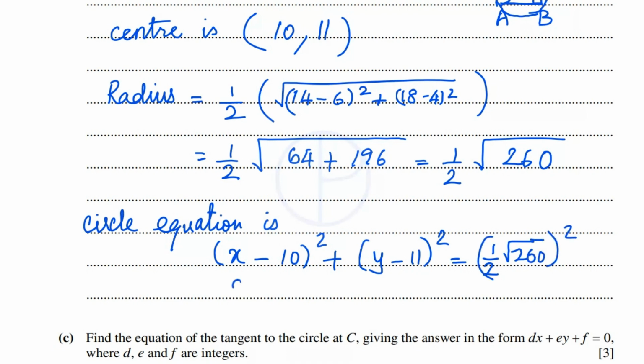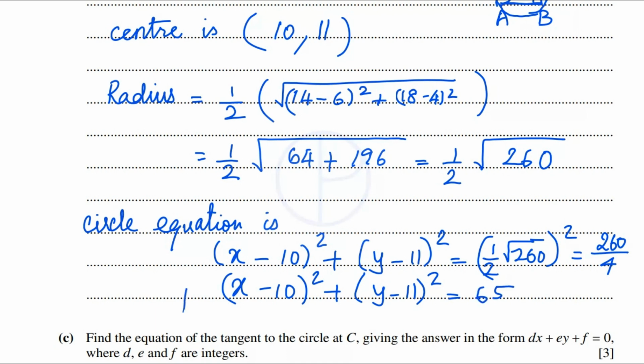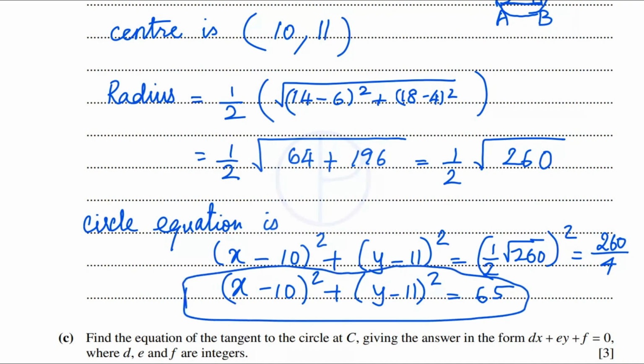So that equals 260 divided by 2 square, which is 4. 260 divided by 4 is nothing but 65. So this is the equation of the circle.